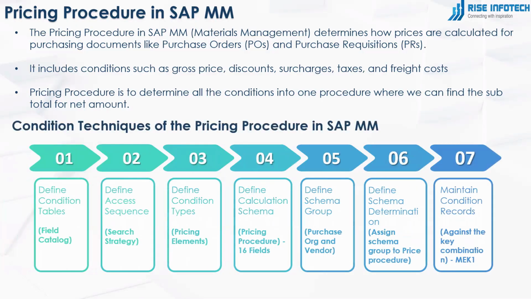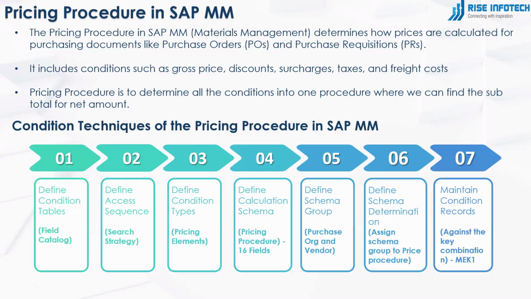So we have several steps for pricing procedure in SAP. So first one is defining the condition tables. So it is specific to field catalog. Next is defining the access sequence. It is the search strategy. Third one is defining the condition types. It is related to the pricing elements. Fourth one is defining the calculation schema.